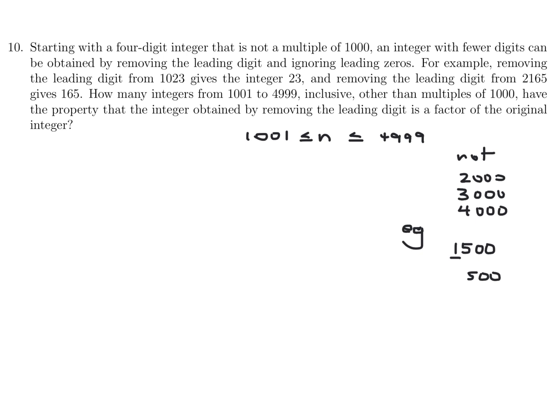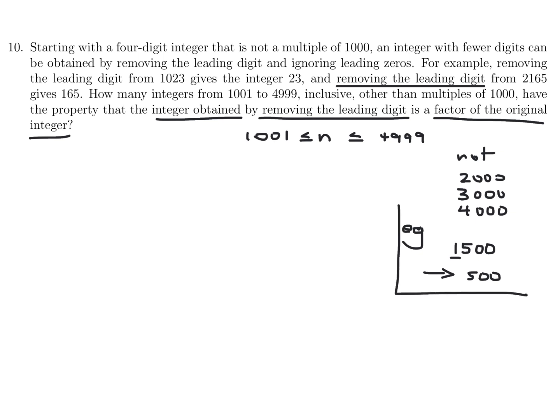So exactly what they said: the integer obtained by removing the leading digit is a factor of the original integer. The original number was 1,500, and 500 is indeed a factor of 1,500. So this is just an example, and I'm sure there are many of these. So we have to figure out how many.